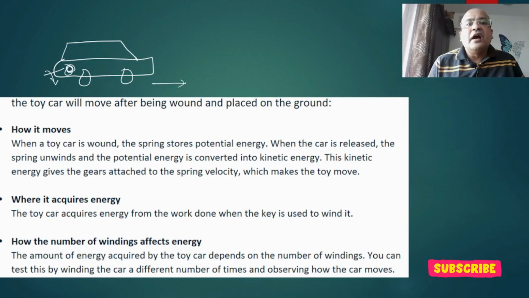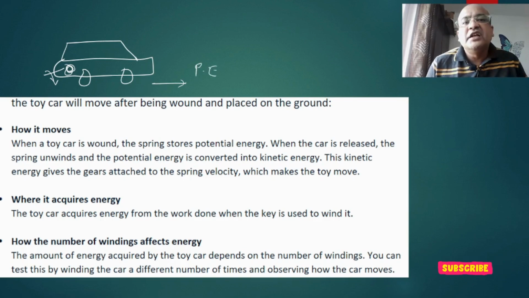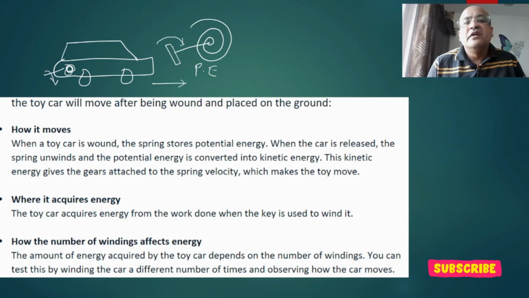When a car is wound, the spring stores potential energy. The potential energy is stored in the spring, or in the coil. We are putting a key like this and turning it. When the car is released, the spring unwinds and the potential energy gets converted into kinetic energy.